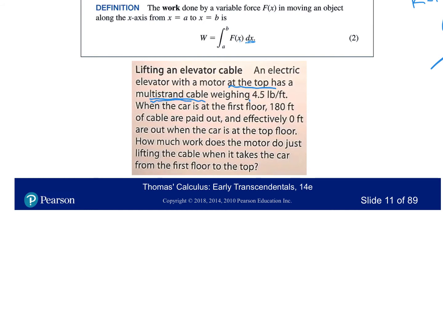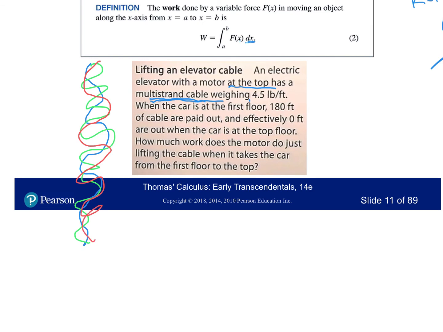When he says that, it means it's a heavy cable, okay? It's a heavy cable because he's got a strand of wiring cable. Then there's another piece being twisted in there, and then another one being woven around in there. And it's really, really strong.